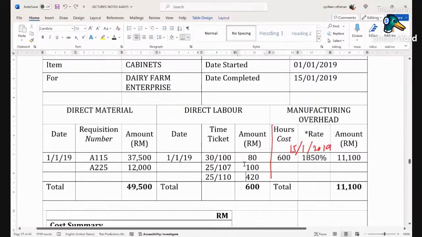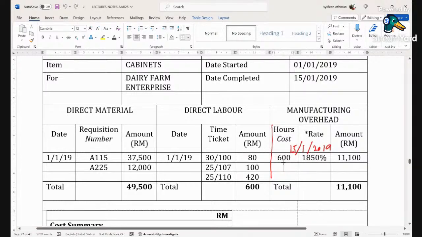So jumlah ialah 600. Okay, and then your manufacturing overhead kira based on your direct labor cost. Okay, so kita dapat dia punya POR ialah 1,850. Okay, macam mana dapat POR ni? Sama tadi kita guna direct labor cost. So you akan ambil your estimated MOH divided by your estimated direct labor hours given in the question.